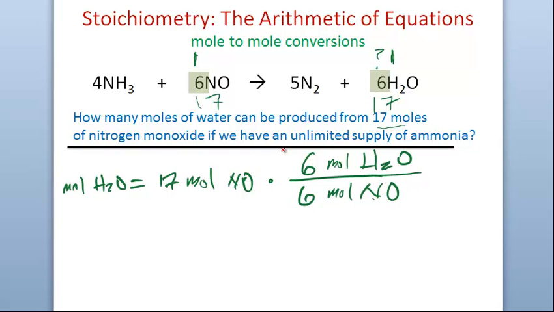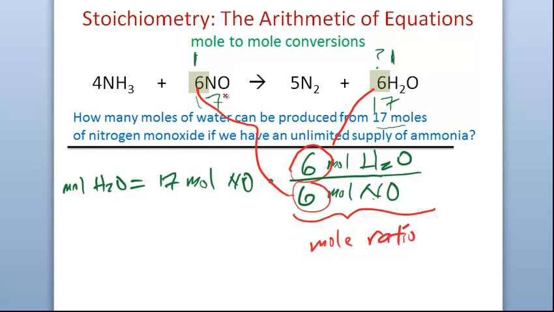And while we're talking about a problem that's fairly straightforward, notice that these numbers that appear in the mole ratio come directly from the problem. So this 6 is from there, this 6 is from there. So you always look back at the balanced chemical equation when you're obtaining the numbers for the mole ratio fraction. So this is a good time to reinforce that.